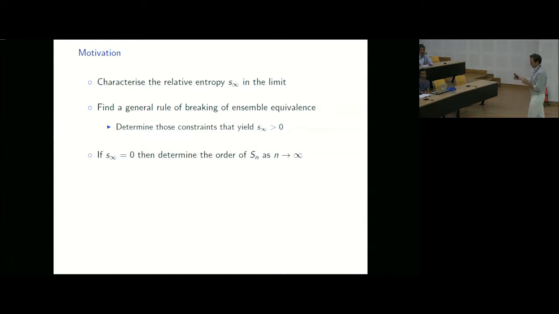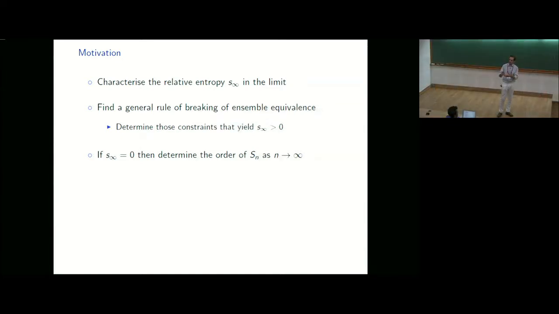And if the relative entropy in the limit is 0 with the scaling of n squared, then find the scaling where it is positive. Let's say, what happens with the scaling of order n or log n.